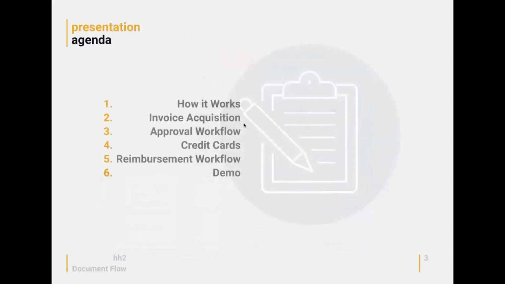This product handles a number of different AP-related items. In this presentation, we're going to focus on company credit cards and reimbursements. The product has a customized approval workflow built in, and we also handle your standard AP invoices as well as a few other features. Again, not the focus of today's presentation, but just be aware of that.